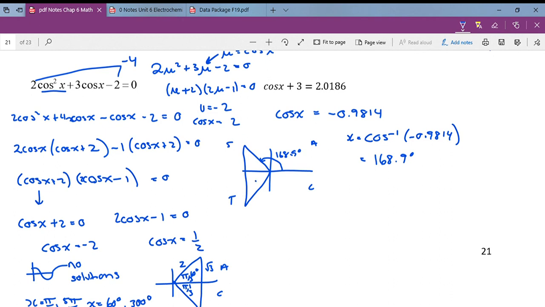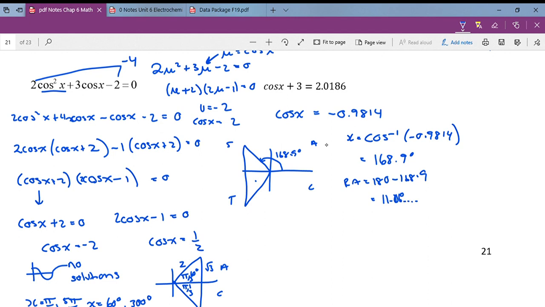So I have two choices. I could figure out what the reference angle is by doing 180 minus 168.9, and I would get that the reference angle is 11.1. And again, I'm not actually getting 11.1, I'm getting 11.06 dot, dot, dot, and I'm keeping that.